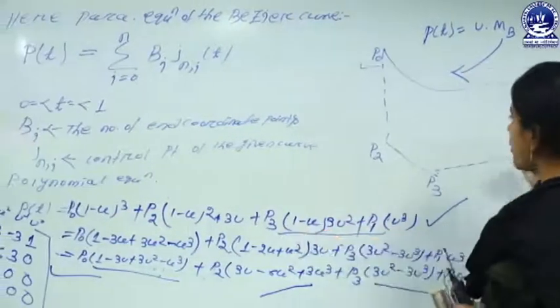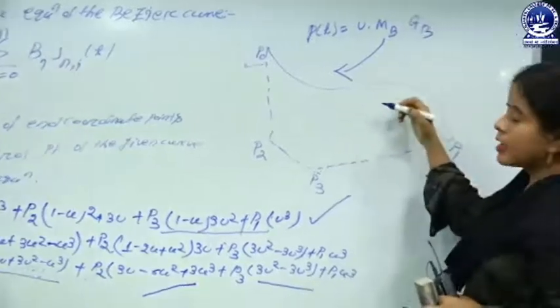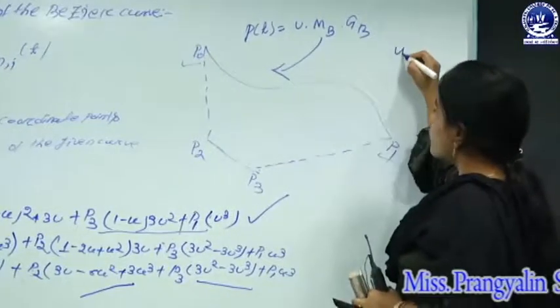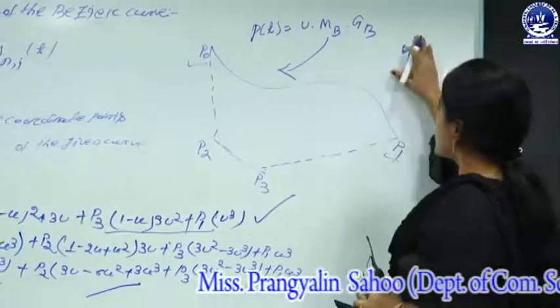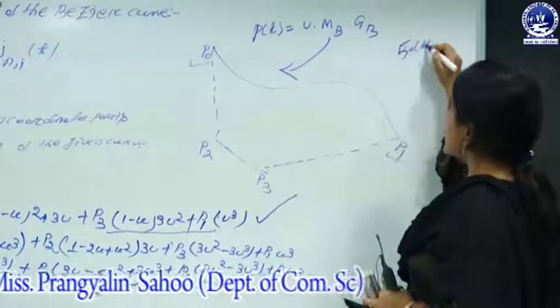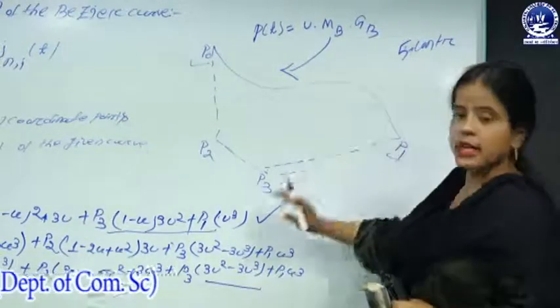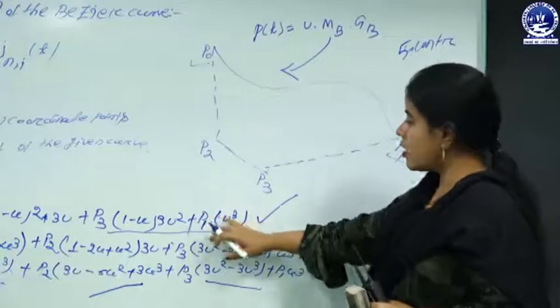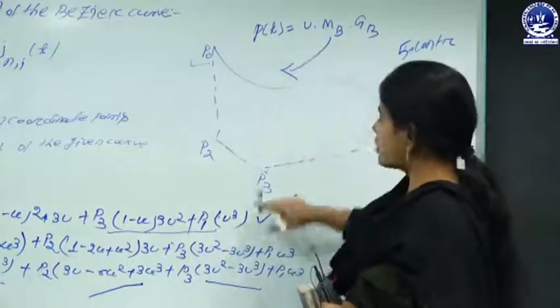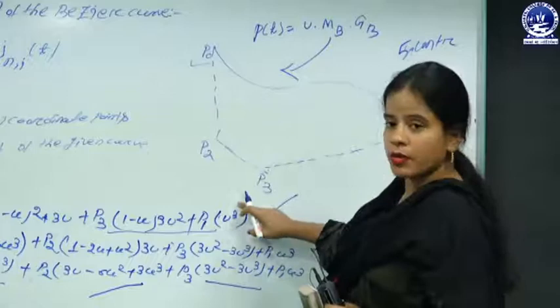But whenever a curve contains 5 control points, the degree is 4, that means the highest power of the parameter u is u to the power 4.